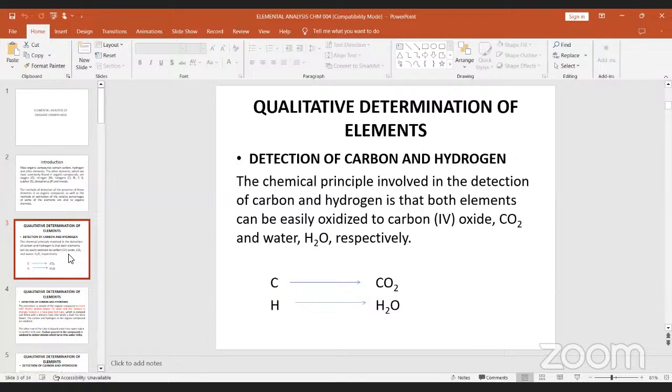Invariably, you can now collect the carbon dioxide, estimate the amount, and that will give you an indication as to the amount of carbon contained in the compound. You can also do this for hydrogen by oxidizing the hydrogen to water, and you can now estimate the water. That gives you the amount of hydrogen that you have in the compound.